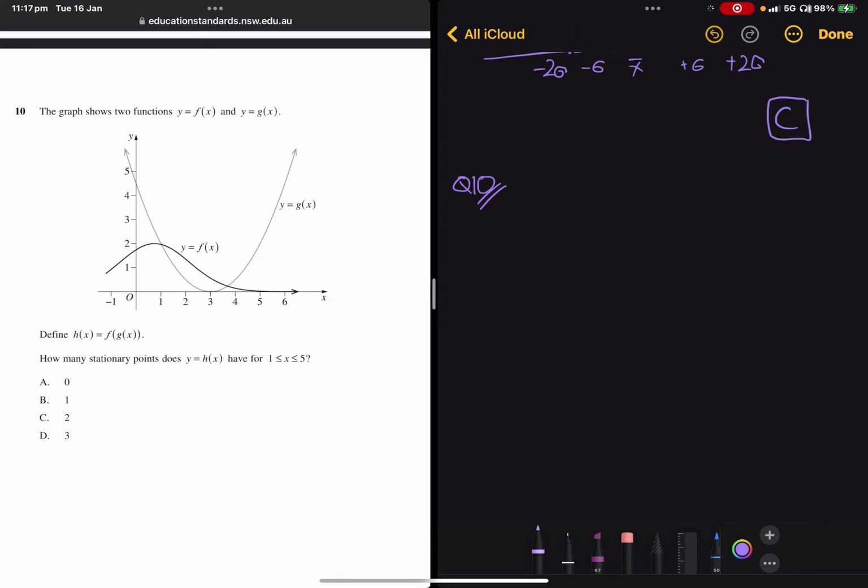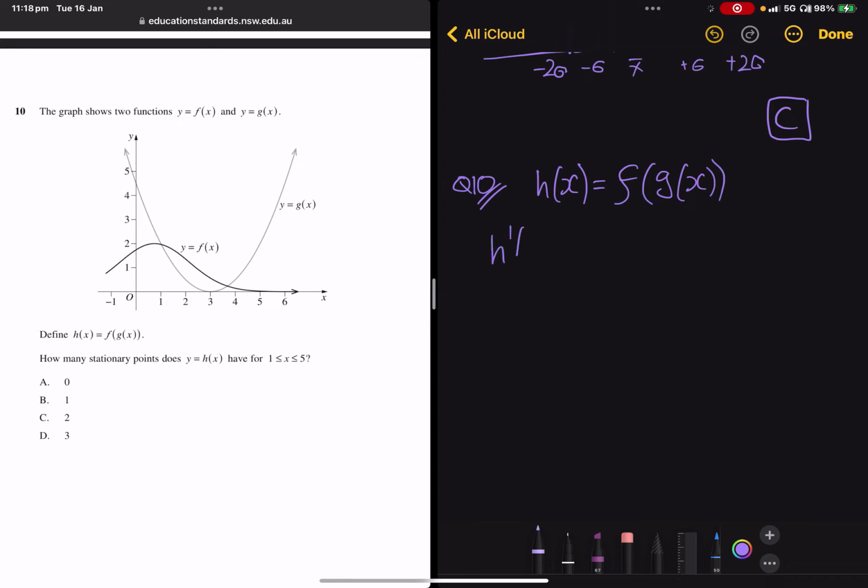So we're given some functions. We're not told what they are, but we know roughly what they look like. We are told some new function h of x is the function f of g of x. So g is nested inside of f. And we're asked how many stationary points does h of x have if x is between 1 and 5. So stationary points occur when the first derivative is 0.